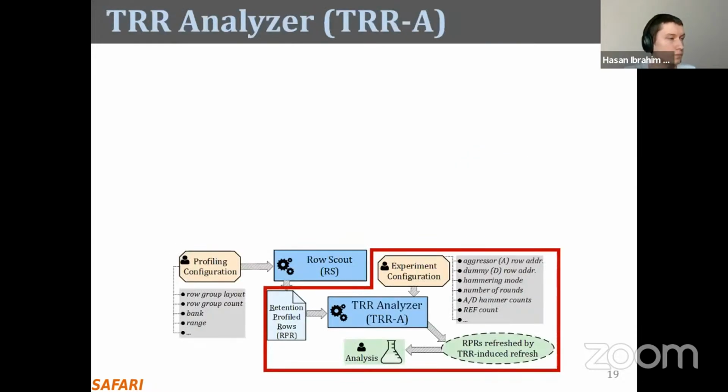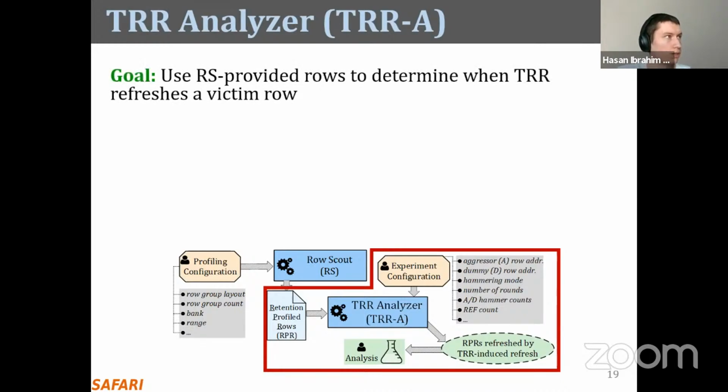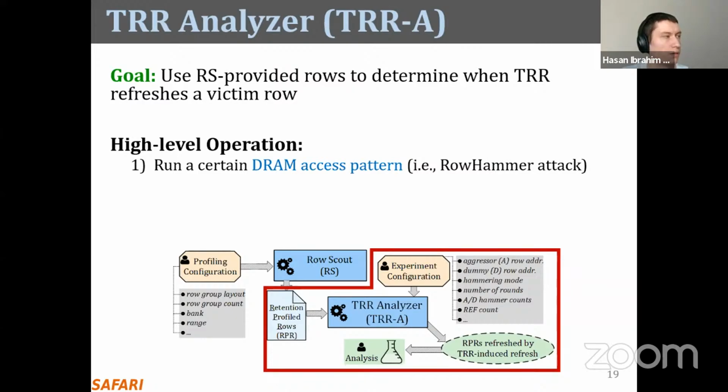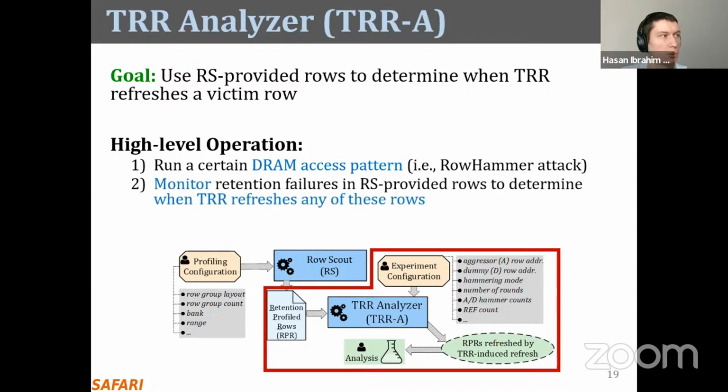Okay, moving on to the second component, TRR analyzer. The goal of this second component is to determine when TRR refreshes a victim row. The high-level operation is to run a certain DRAM access pattern, or potentially a RowHammer attack, and monitor the retention failures in these profiled rows that we have obtained using the row scout.